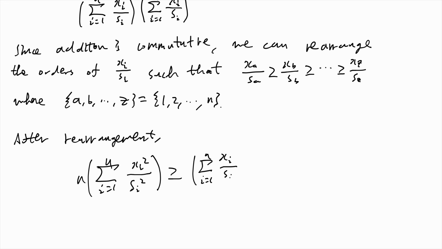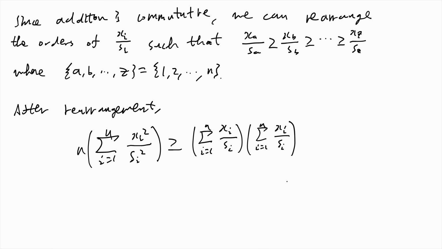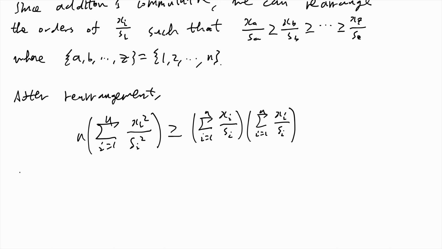So we have the sum over i equals 1 to n of x of i over s of i. This holds by Chebyshev's inequality.